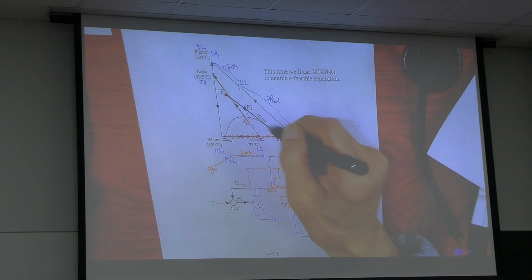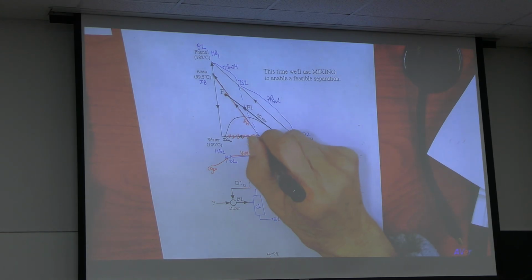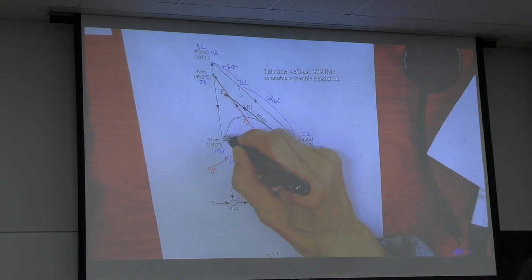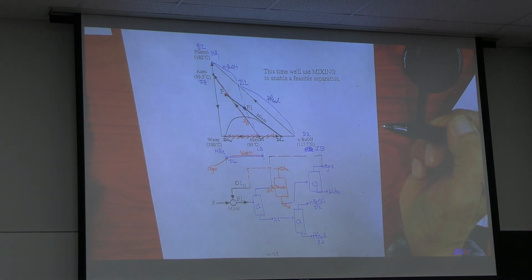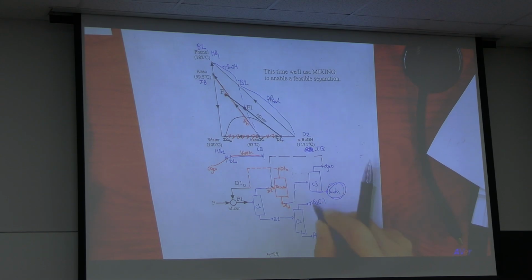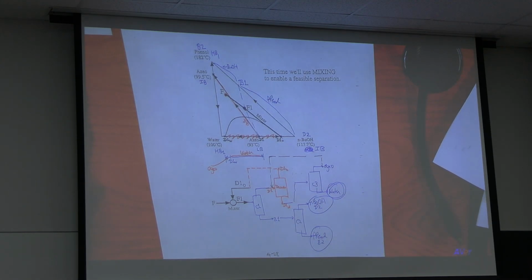Whenever you have a two-phase region, make good use of the tie line. You get all three products: water, butanol, phenol. Okay?